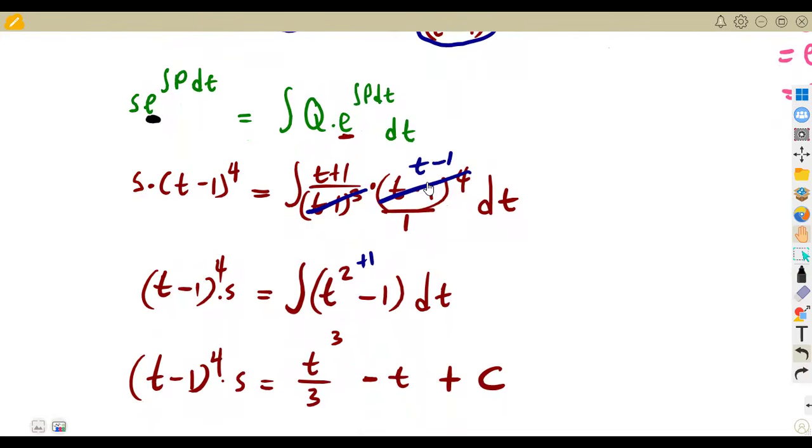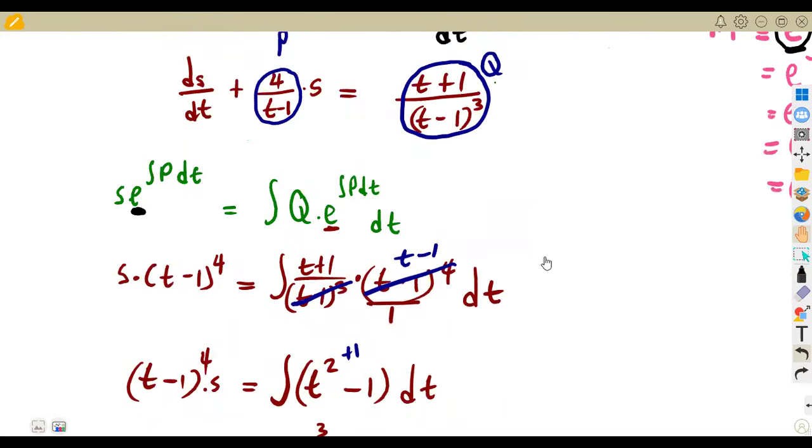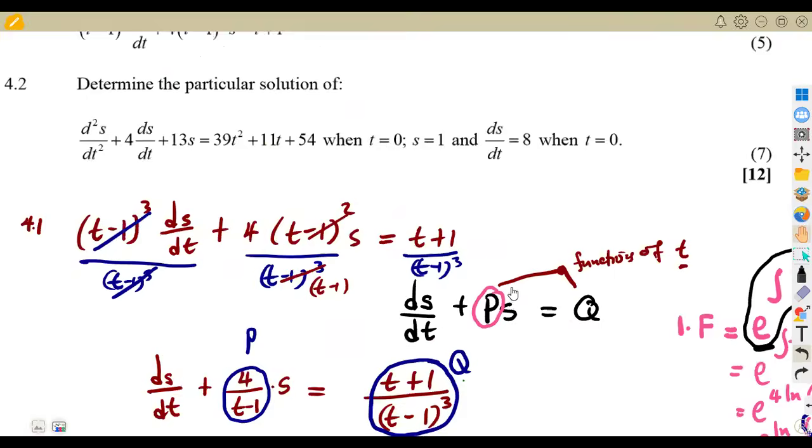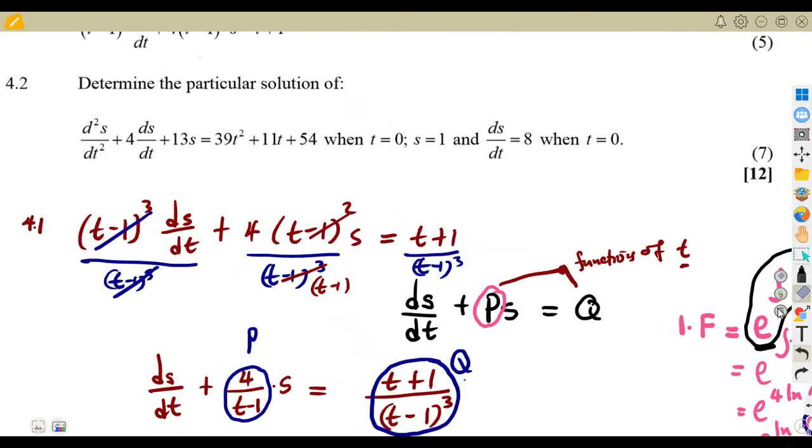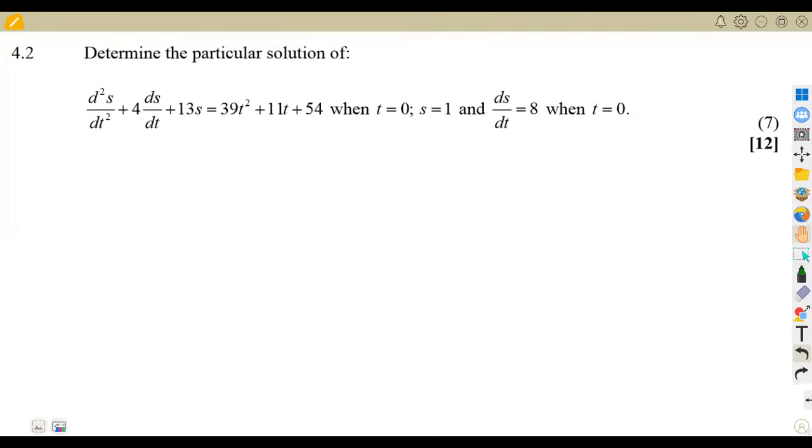All right, so let's check the other question that we are given, which is 4.2. If we check 4.2, we have another part to solve, which is now a second order equation. Let me just rewrite this down so that we understand.